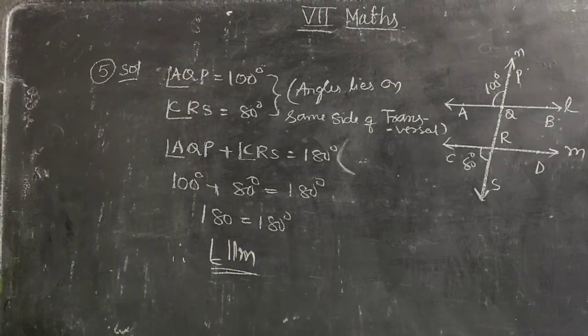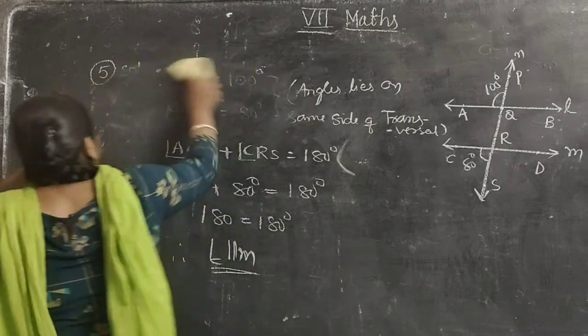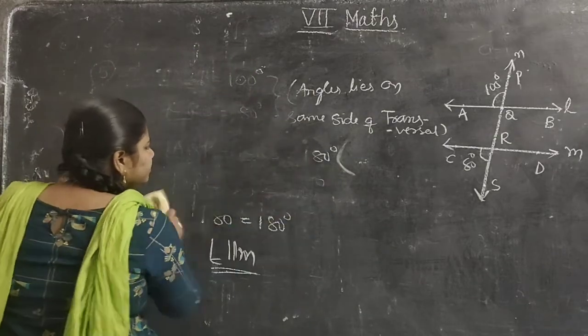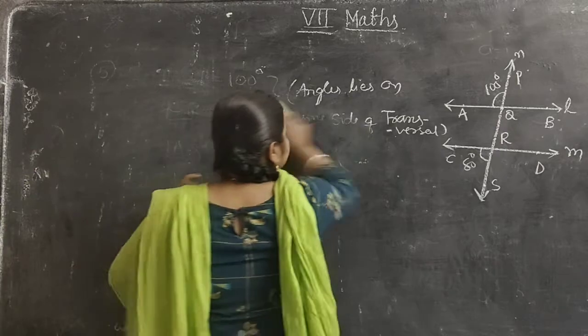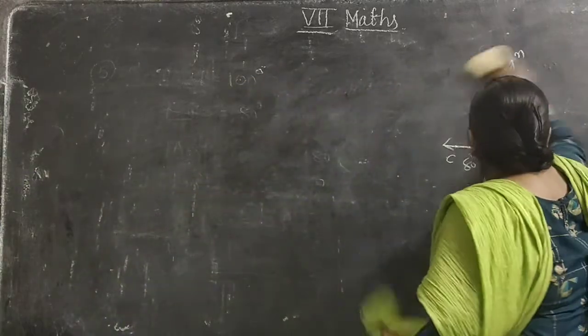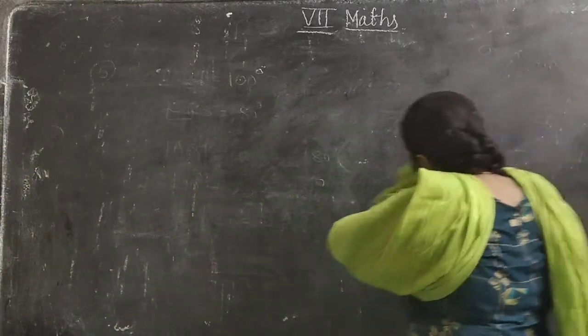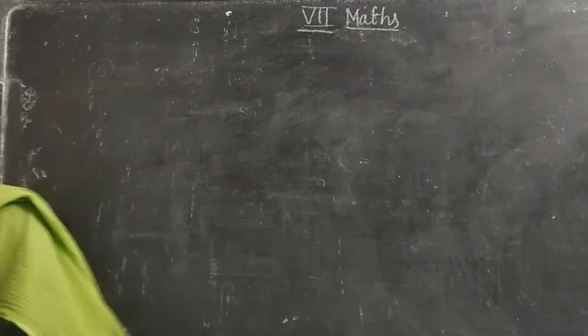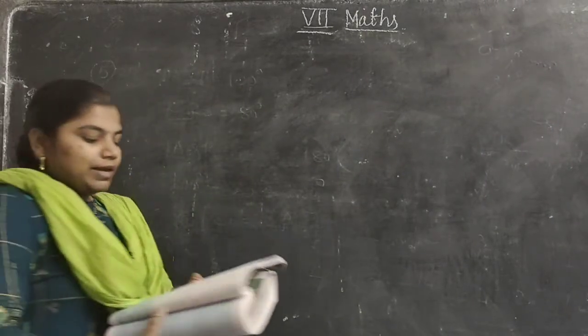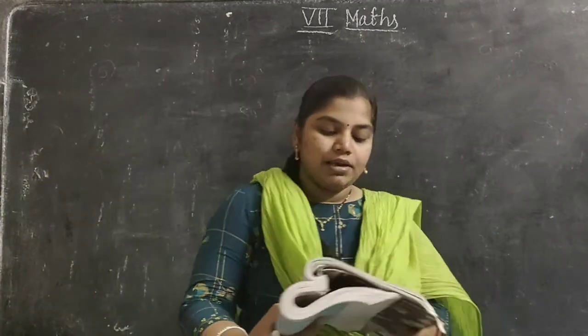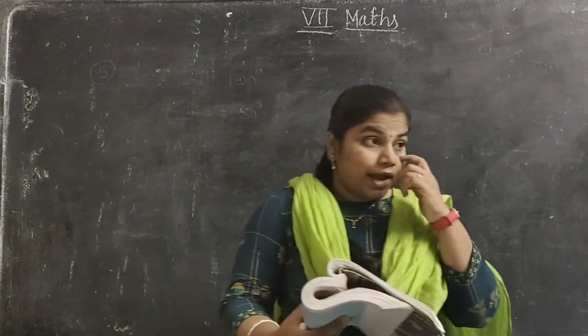Last one in this exercise. So last one, find angle A, angle B, angle C, angle D and angle E in the figure and give reason.